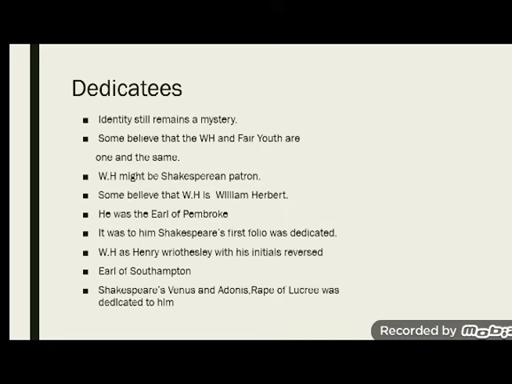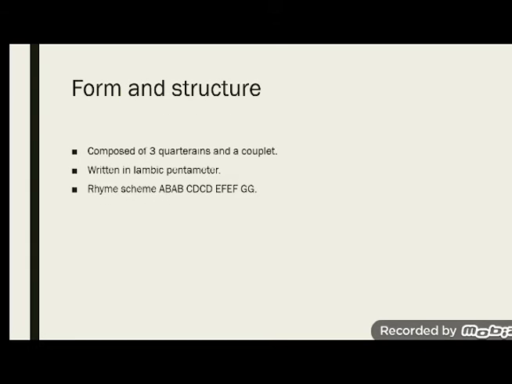Some believe that WH is William Herbert, the Earl of Pembroke, to whom Shakespeare's First Folio was dedicated. And some critics say that WH is Henry Wriothesley with his initials reversed. He was the Earl of Southampton, and Shakespeare's Venus and Adonis and The Rape of Lucrece were dedicated to him.